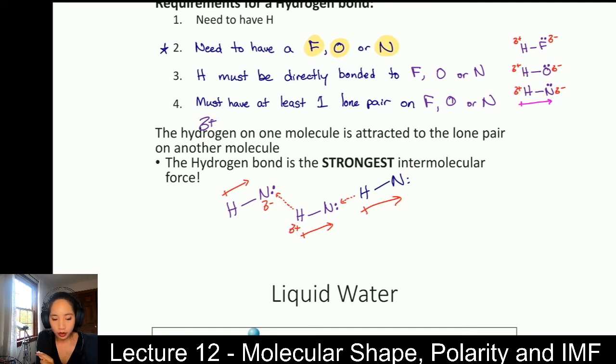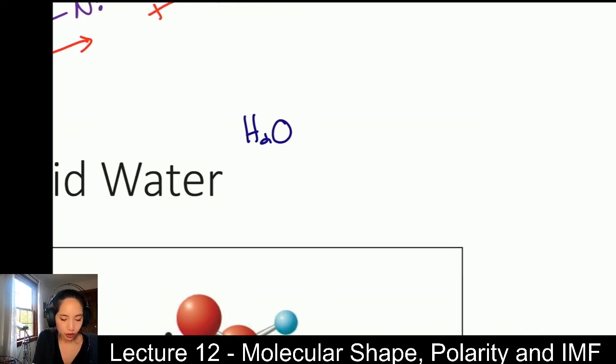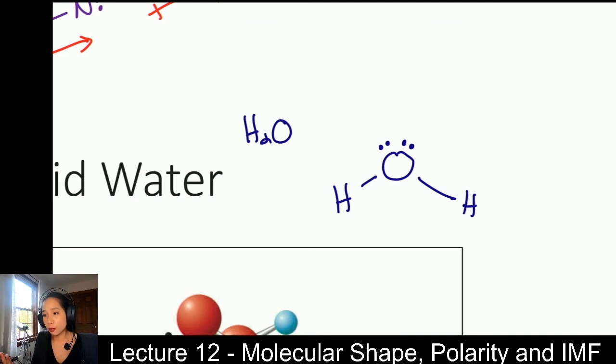When you have to look for these specific features on your molecule. And so one of the best examples for hydrogen bonding is actually water, liquid water. All right, so water has the chemical formula H2O. And if we draw its Lewis structure for H2O, we have oxygen as our central atom. We have 2 hydrogen bonds, and if you count your valence electrons, you'll see that you need 2 lone pairs on oxygen.